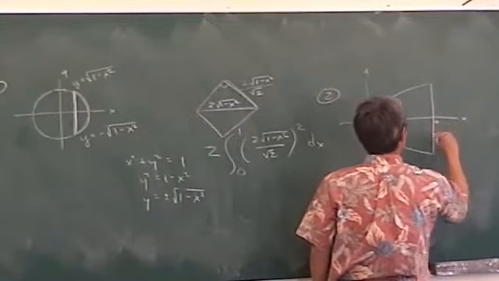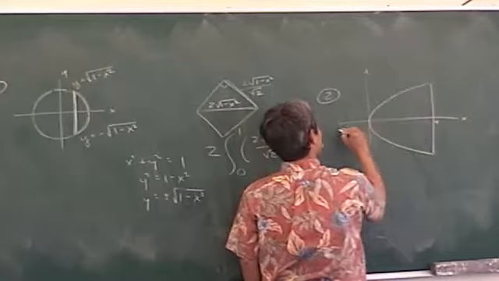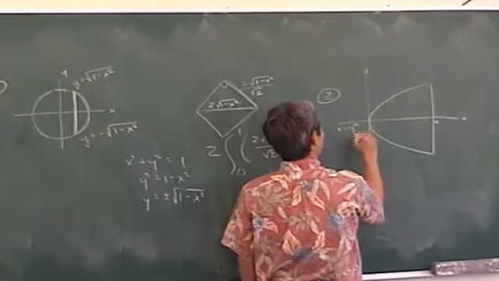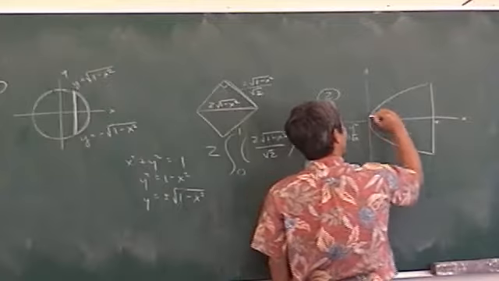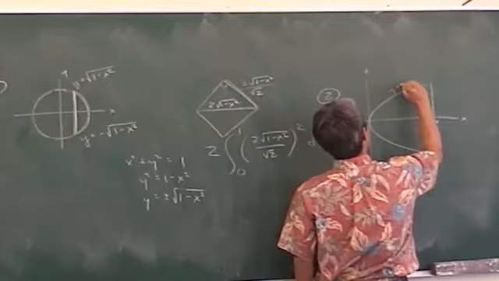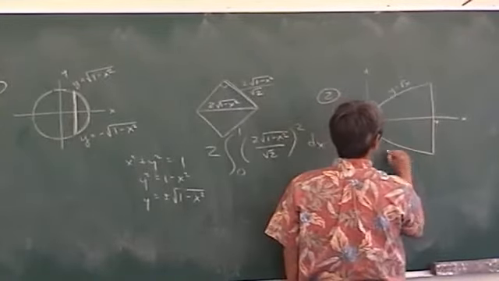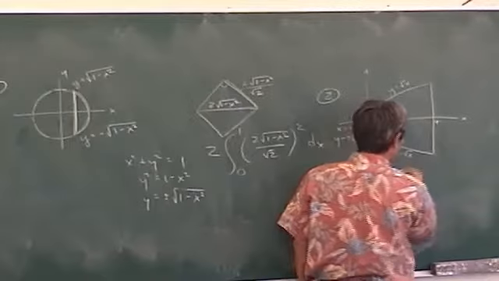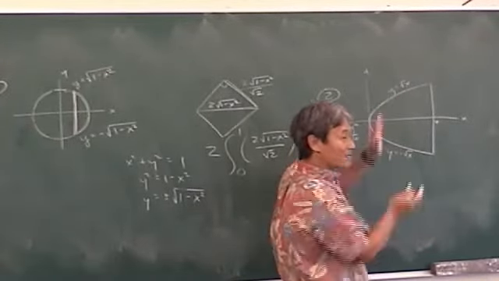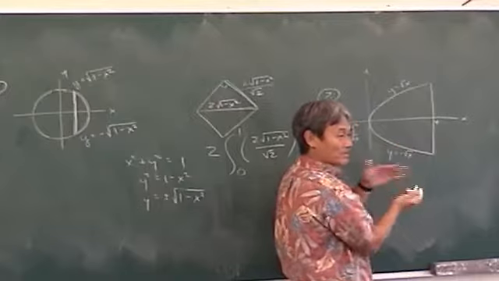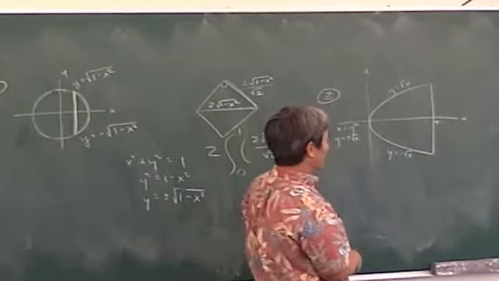So this is 4 over here. And they tell you the equation of this graph is x equals y squared. But if you solve for y, you get y equals plus or minus root x. So the equation of the top part is y equals root x. The equation of the bottom part is y equals negative root x. The book gives you simple problems because the top and the bottom are two separate equations.